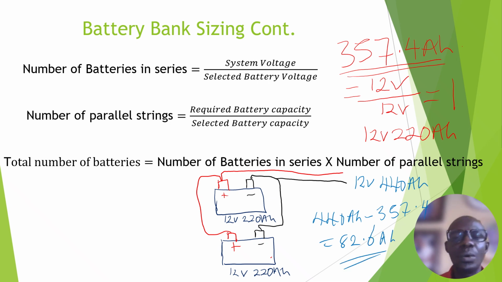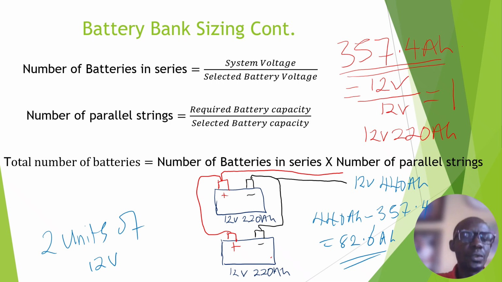It's better you go higher than to go lower. So that is that. It means for my design, I will need 2 units of 12 volts 220 Ah for my system.